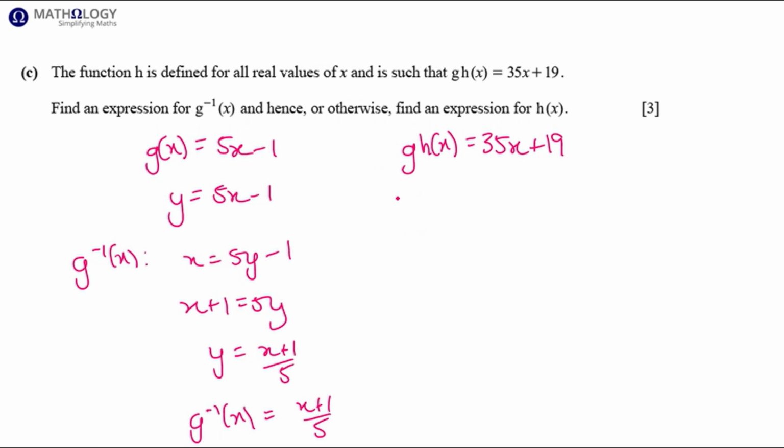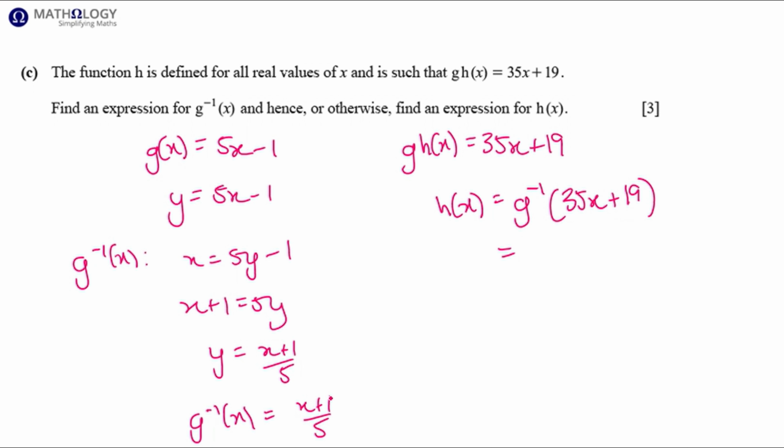We can also find an expression for h of x by using the inverse of g. Given that g of h of x is 35x plus 19, h of x equals g to the minus 1 of 35x plus 19. We've just established an expression for g to the minus 1 as (x plus 1) over 5.